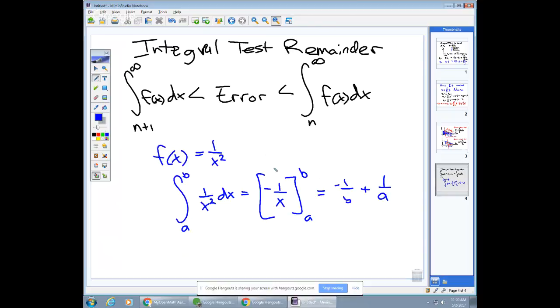And then ultimately our b needs to be infinity. So if I take the limit of that as b goes to infinity, 1 over b goes to 0, leaving 1 over a is all I need to worry about.